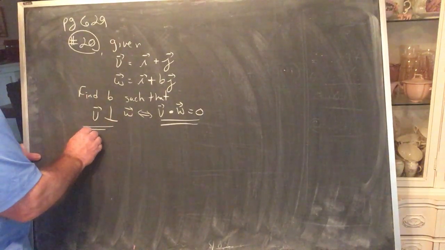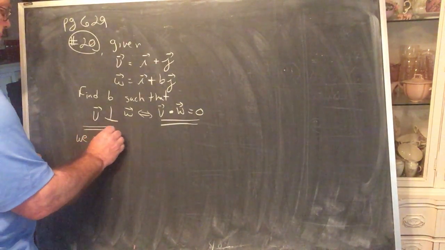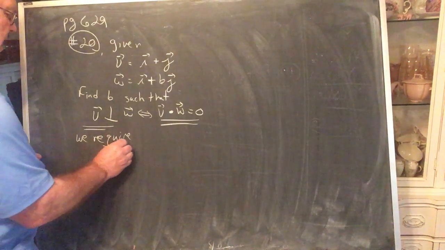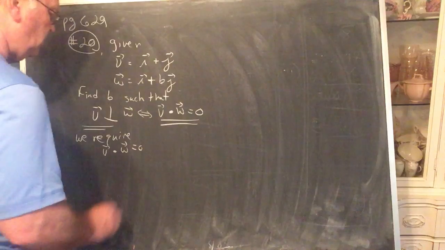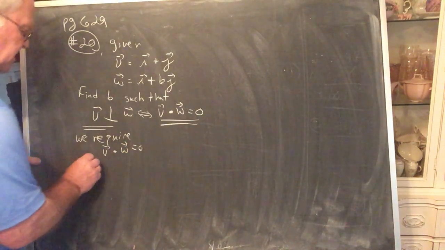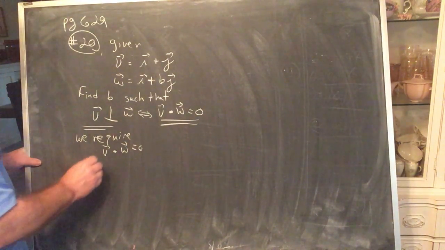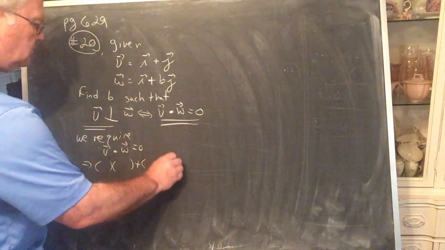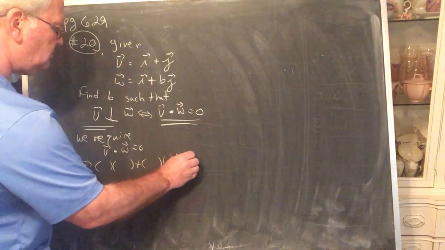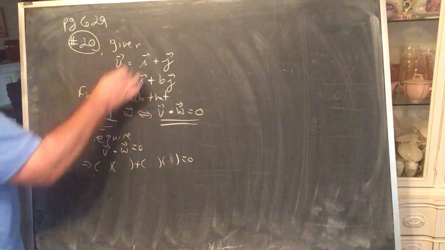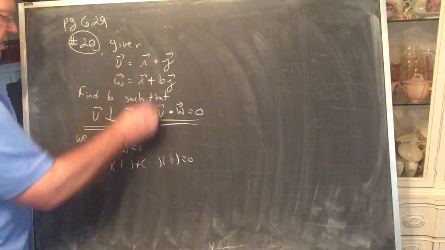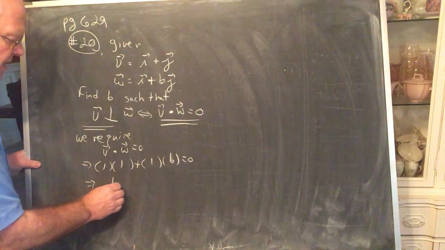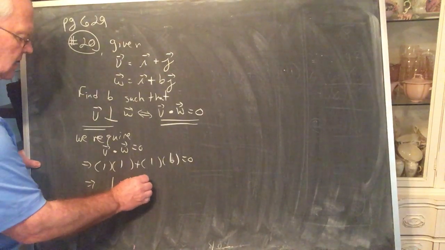So we require v dot w to equal 0, which is the same thing as requiring, well, that's the dot product, 1 times 1, 1 times b, which is to say we're requiring 1 plus b to equal 0.